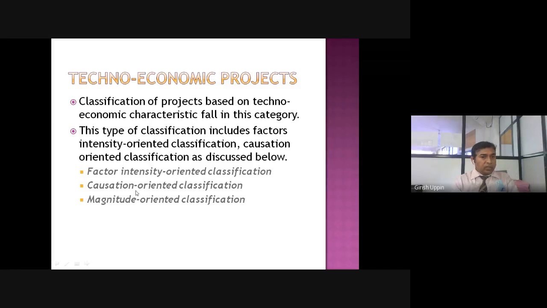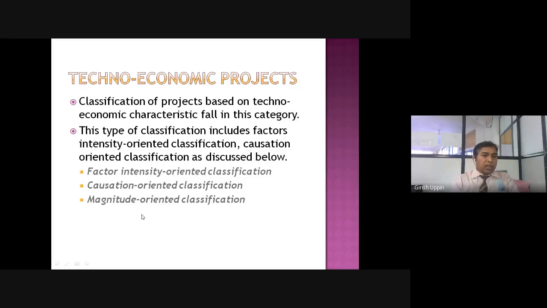Similarly, we have the causation oriented classification. What cause are the projects based on? If it is based on that, then it would be a causation oriented classification. And magnitude oriented classification: magnitude here is what scale it is, whether it is large scale, medium scale or small scale.